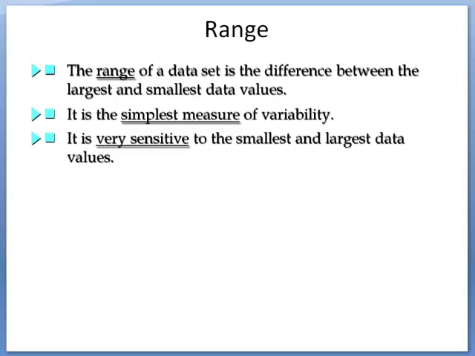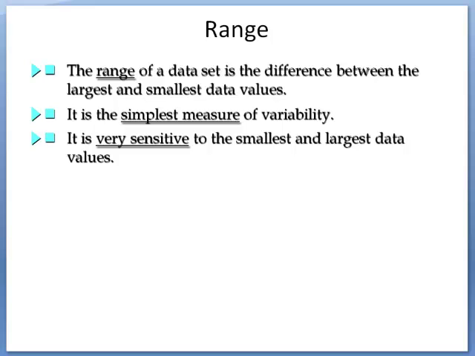The range of a data set is simply the difference between the largest and smallest data values. What you just do is take the smallest value, take the largest value, and subtract the first from the second. As you can see, it's very simple to calculate.